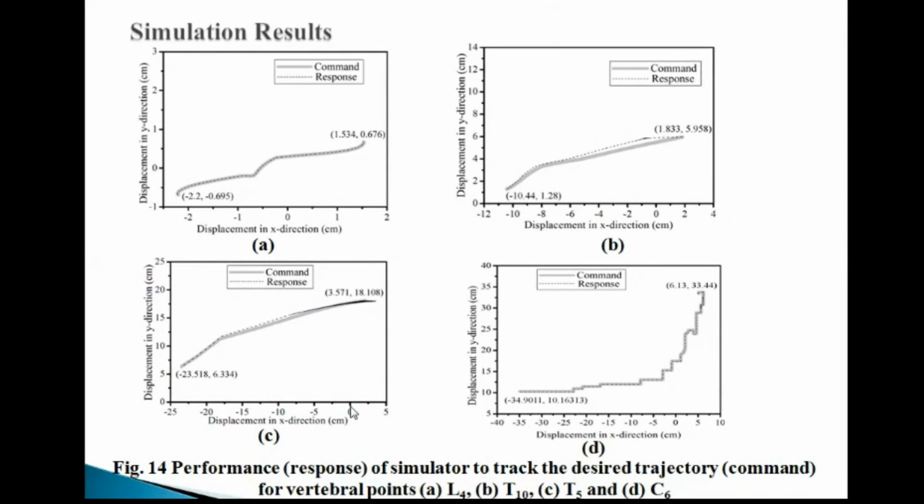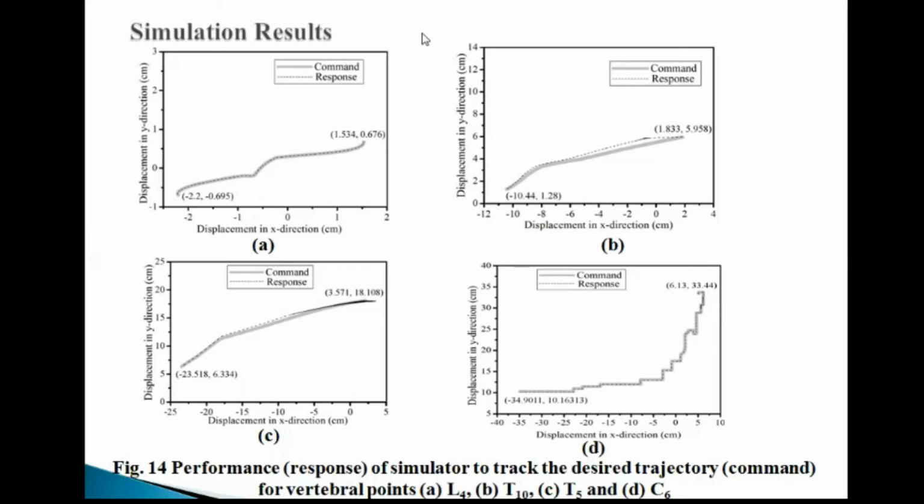Now see, these are the simulation results where I have considered only a few points. Not all the points are considered due to the complexity of the model. Here in the first figure, this is the simulation result for the point L4, where X displacement and Y displacement are shown. The dotted line shows the response displacement, and the shaded line shows the command.